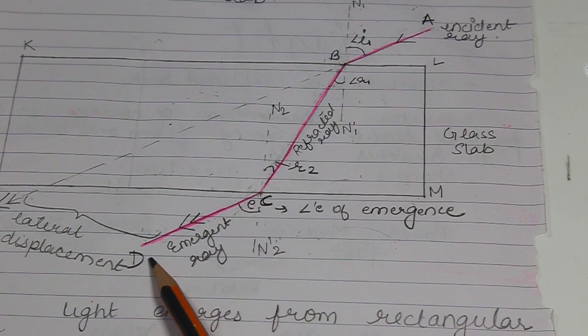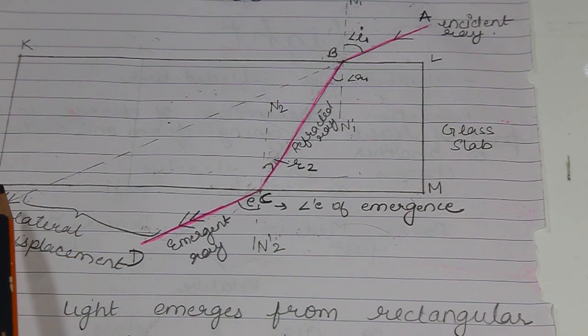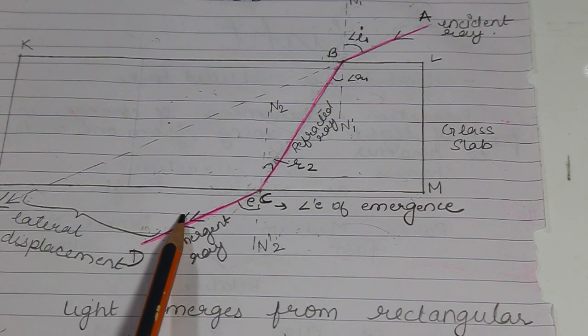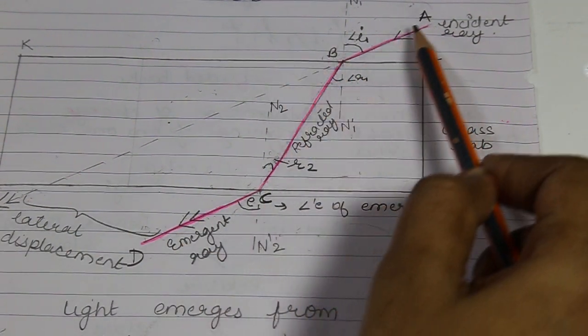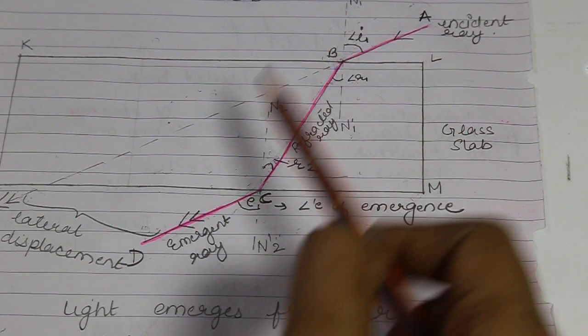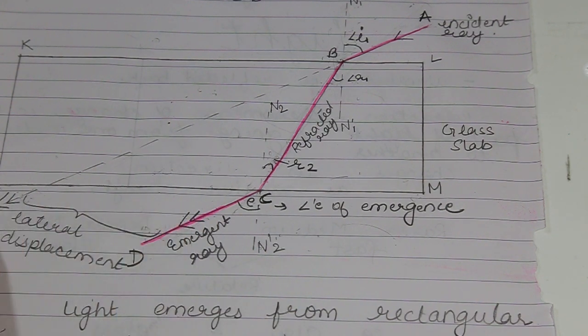AB and CD are parallel to each other. Also we see that light has displaced sideways, AB being the original direction, and CD the emergent ray. This shift is known as lateral displacement.